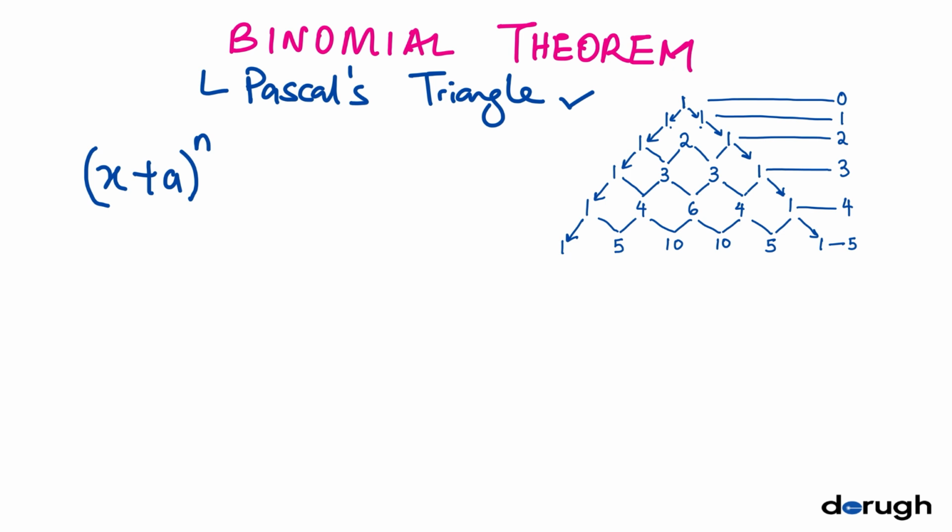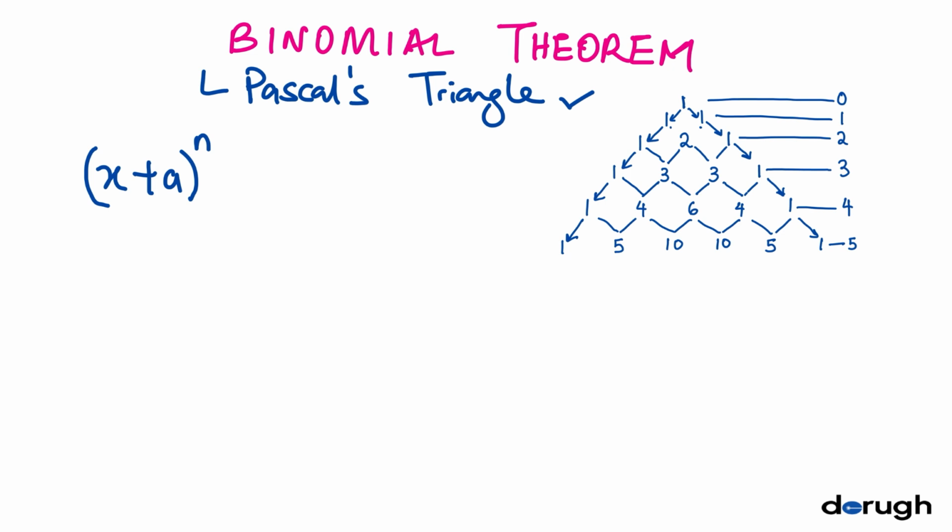The next thing to look at is what each of these numbers mean. Again, on the first level, which is level 0, we have just the number 1. On the next level, we have 2 ones. On the next level, we have 1, 2, 1. Then we have 1, 3, 3, 1. We have 1, 4, 6, 4, 1. We have 1, 5, 10, 10, 5, 1.